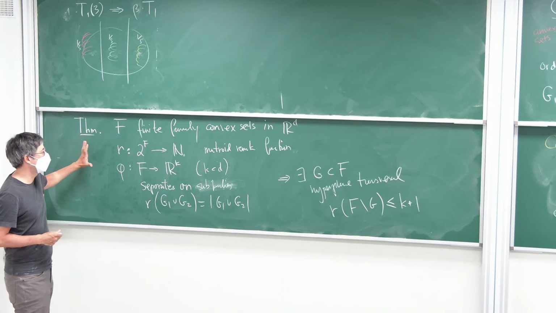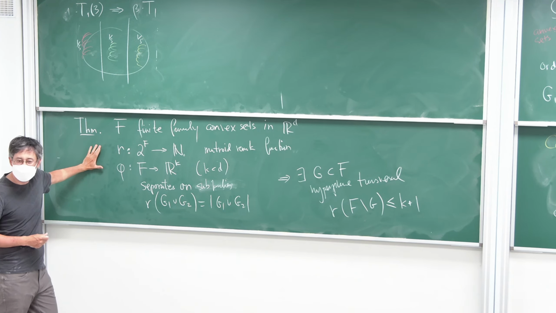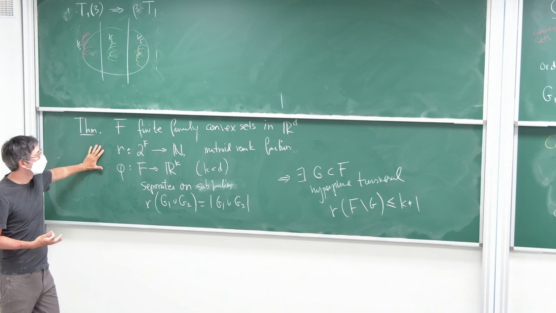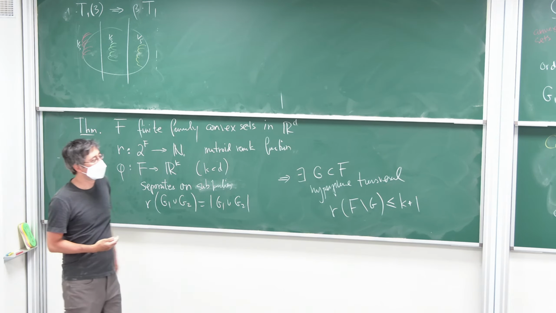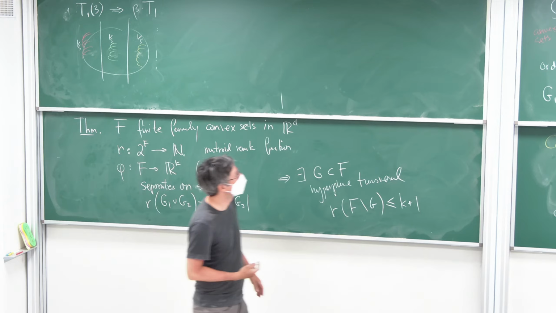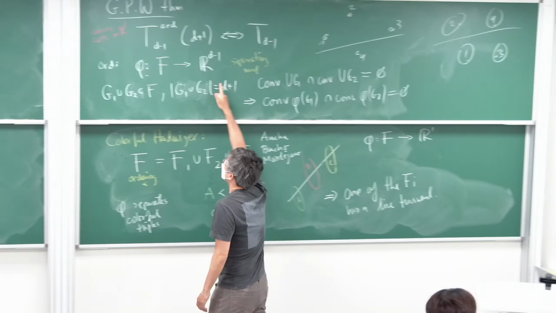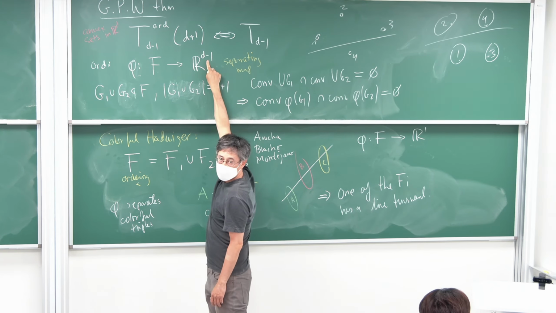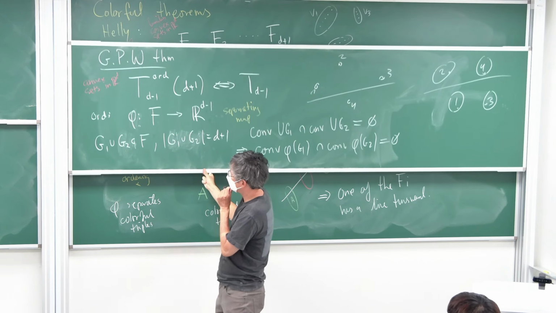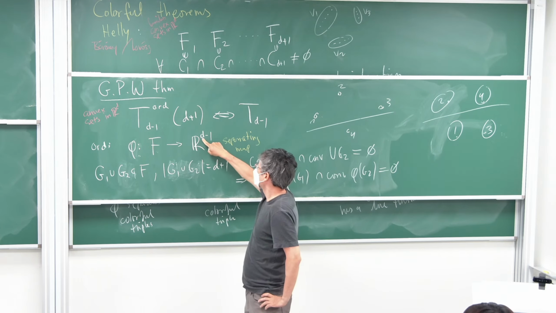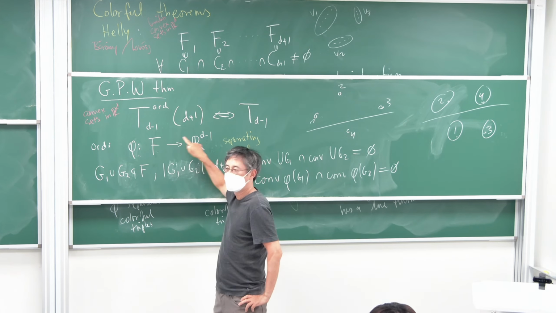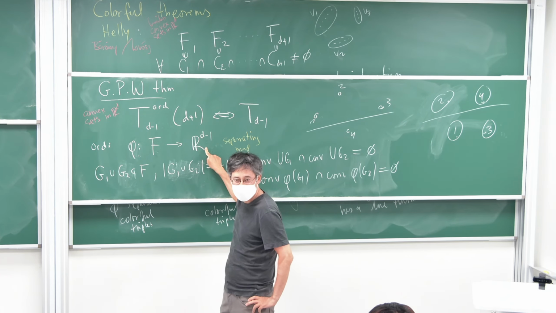So that's the colorful Goodman-Pollack-Wenger theorem in general matroid coloring. Sorry, I'm confused with the statement. Here you take k equal to d minus 1. Why can you take k equal to 1? Actually, the most general version of this puts an arbitrary k here. Here each member of my family maps to a point in R^d minus 1.